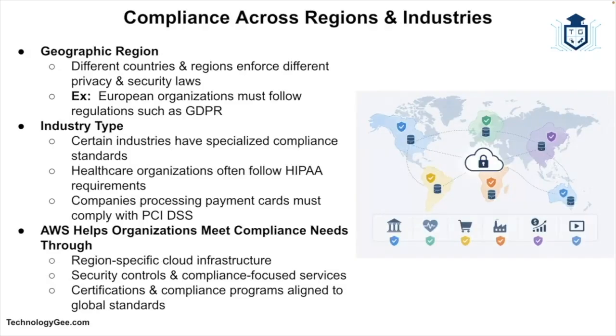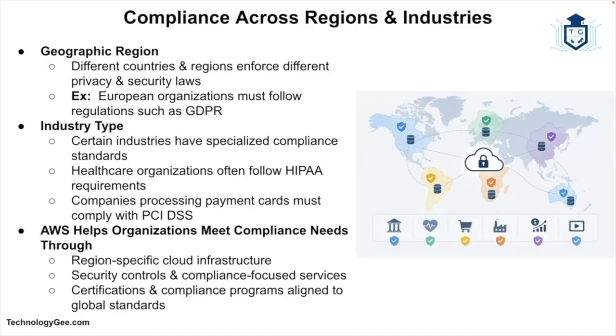All right, next let's talk about compliance across regions and industries. So one thing that trips people up is that compliance is not universal. It can vary based upon geographic location, like the GDPR in Europe, or the industry when it comes to things like HIPAA for healthcare or PCI DSS for payment processing. And AWS addresses this by offering region-specific infrastructure and compliance programs.